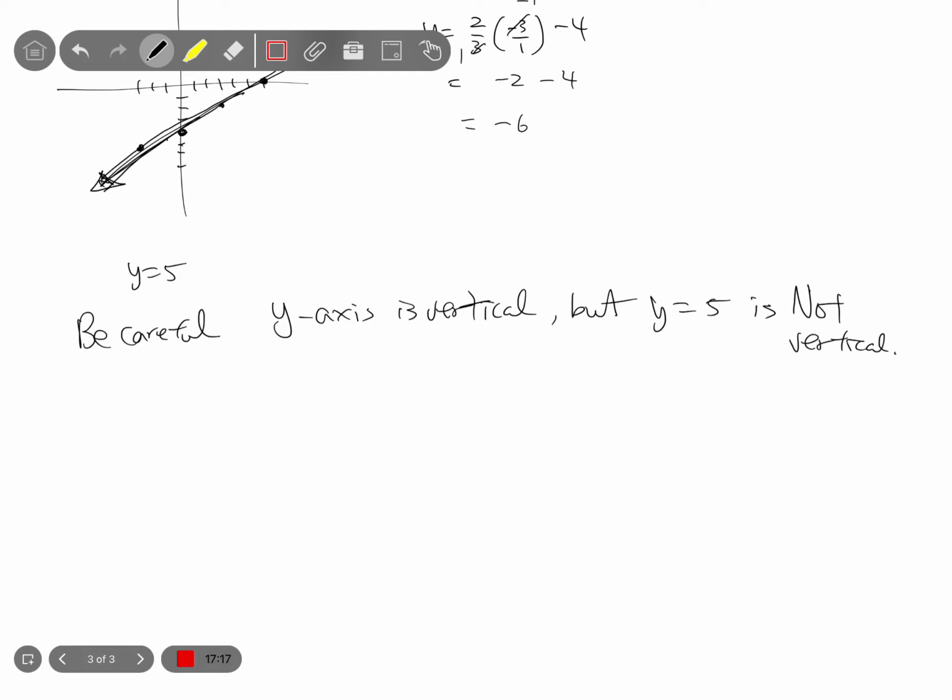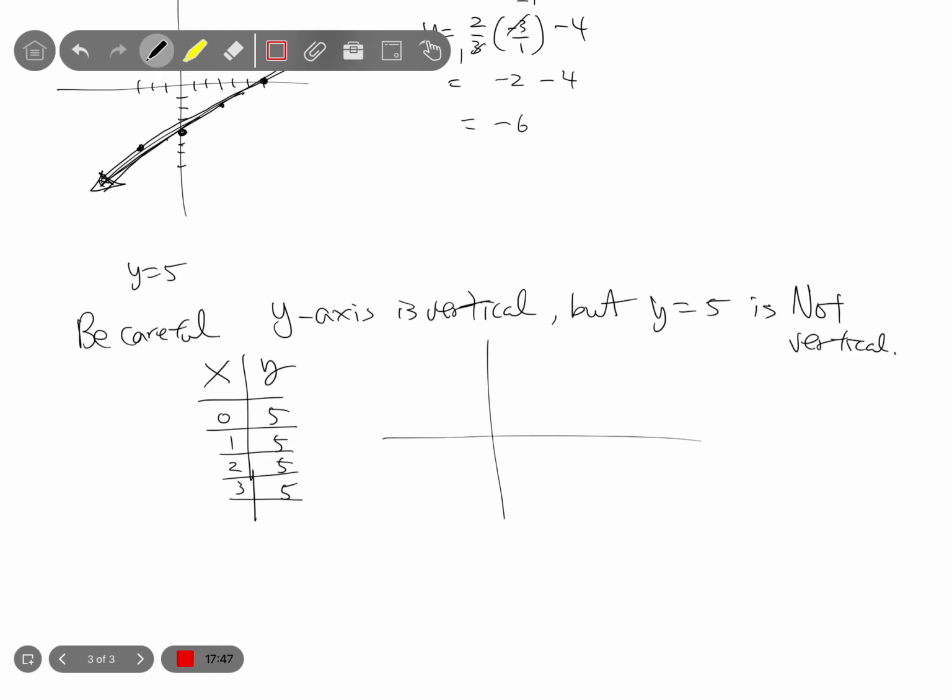Okay, reason being, if I know y equal to 5, and notice there's no x variable in the equation, which means y is always 5. And it doesn't matter what x value you pick because there's no x variable in the equation. The x value does not affect it. So you could pick 0, 1, 2, 3 if you want.